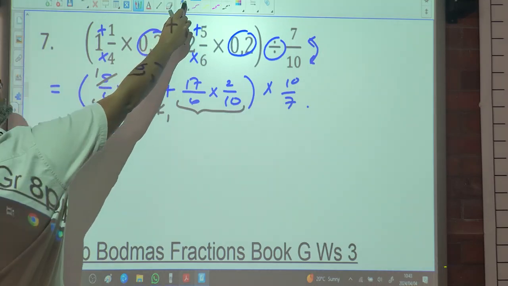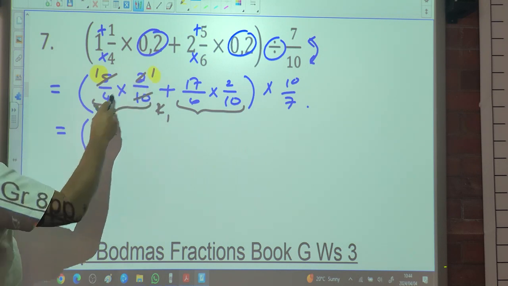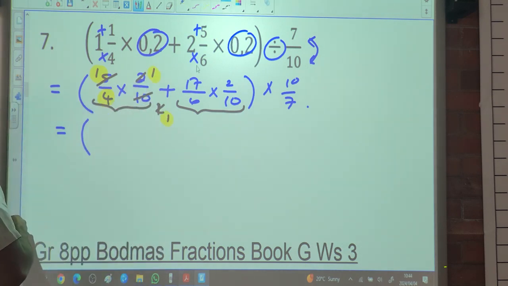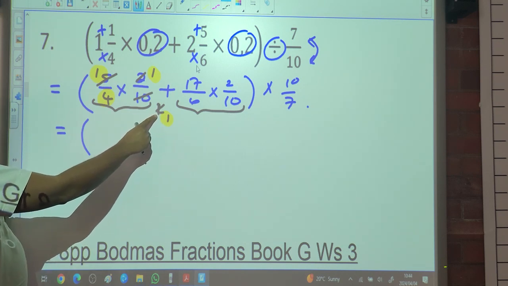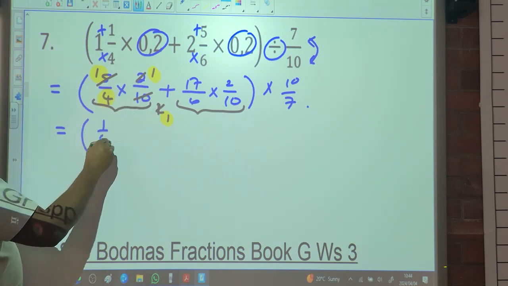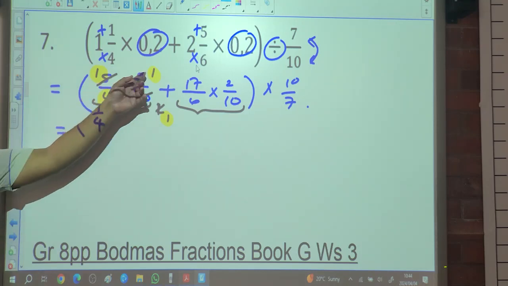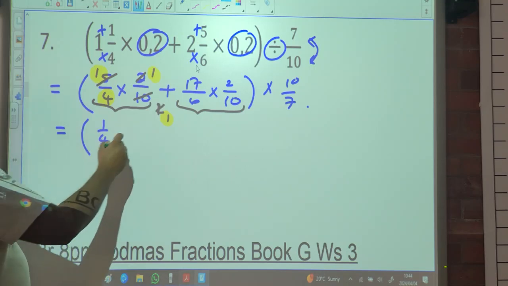So what are we left with? 1 over 2 multiplied by 1 over 4. I know you guys would have gone there, that's why I went there, to show you it's the same thing. You understand? Yes.